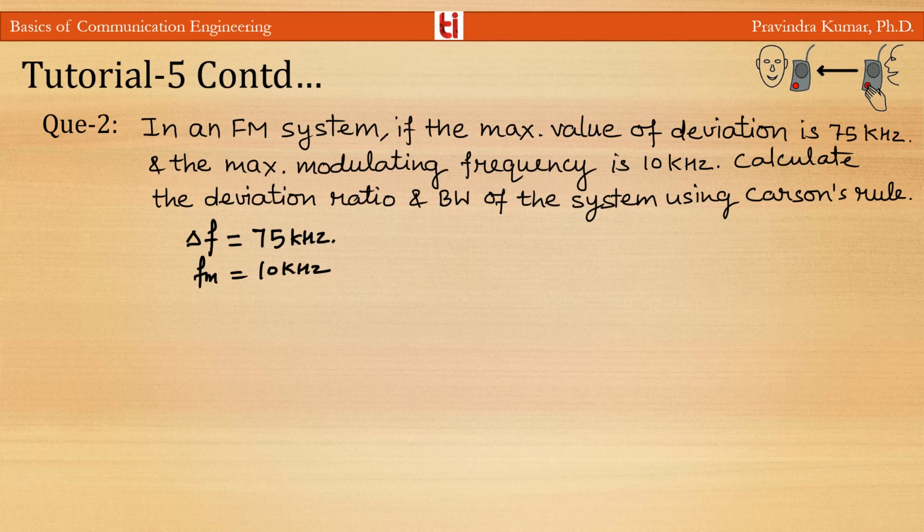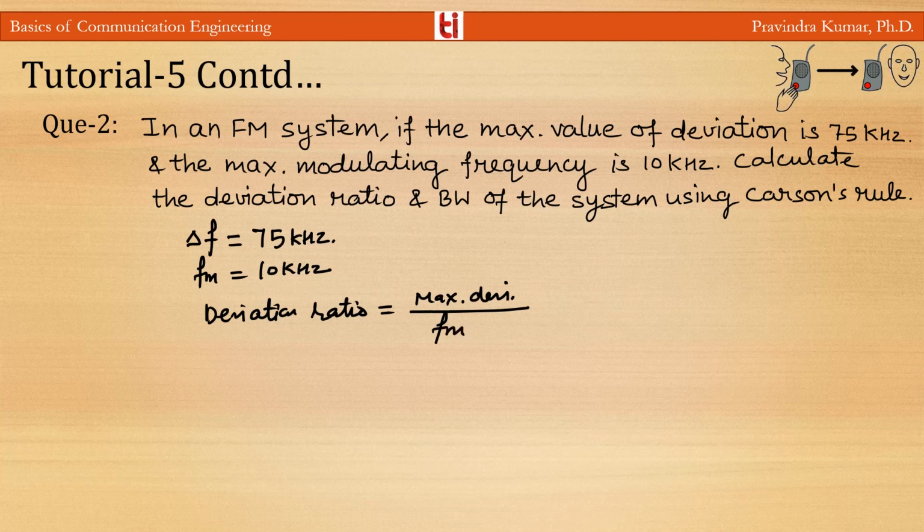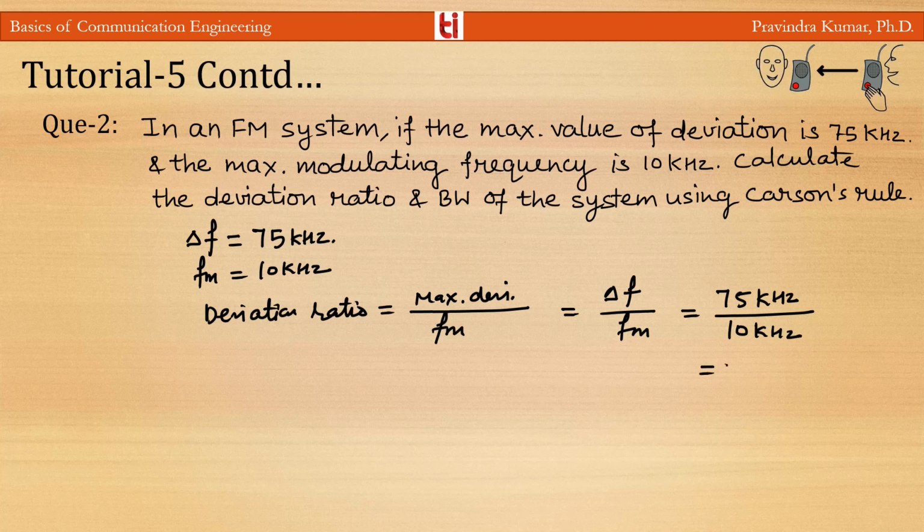You know the deviation ratio is equal to the maximum deviation divided by the maximum modulating frequency, that is delta f by fm, which is 75 kilohertz divided by 10 kilohertz. So the deviation ratio is 7.5.